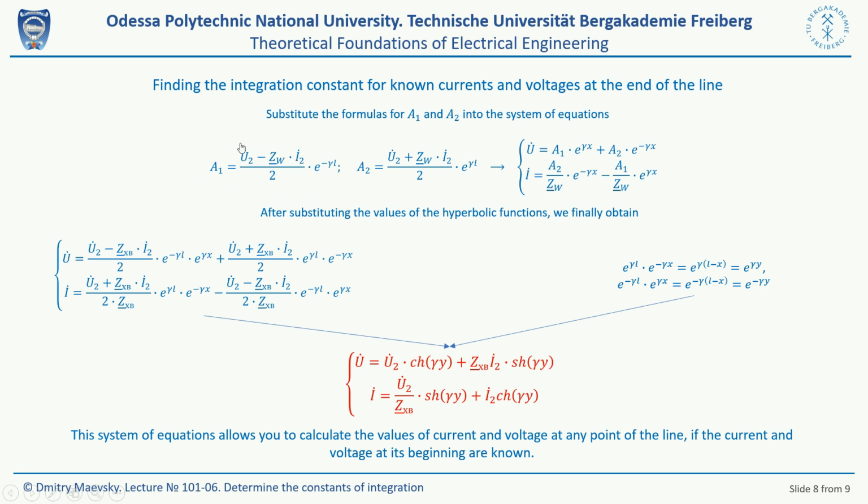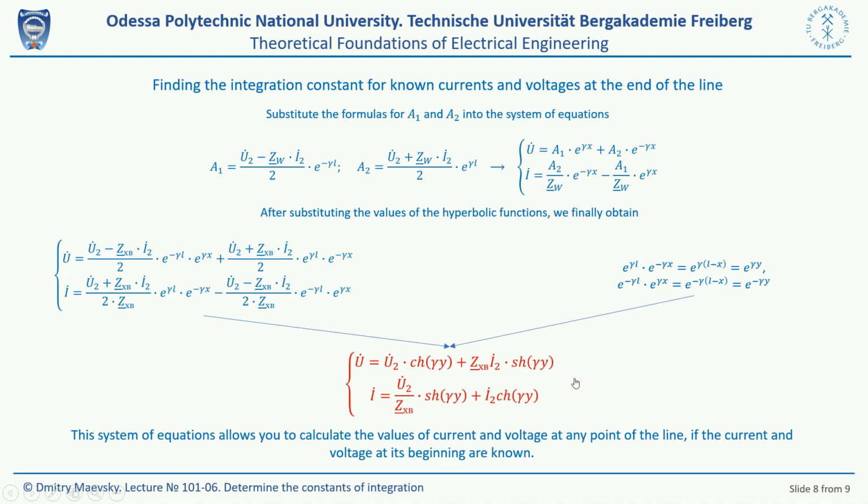Let us substitute the obtained values of the integration constants into the main system of equations of the line with distributed parameters. The system after substitution looks like this. At first glance, this system seems very complex. However, by simplifying the products of the exponent and introducing hyperbolic functions, this system can be rewritten as follows.